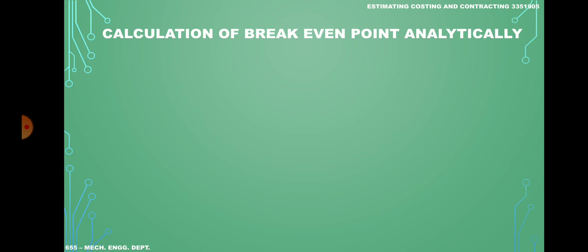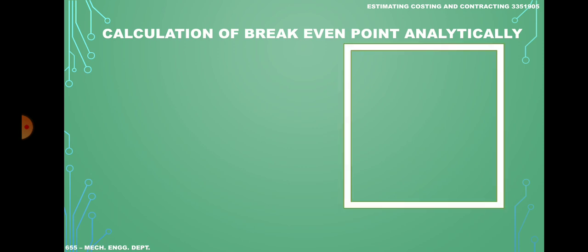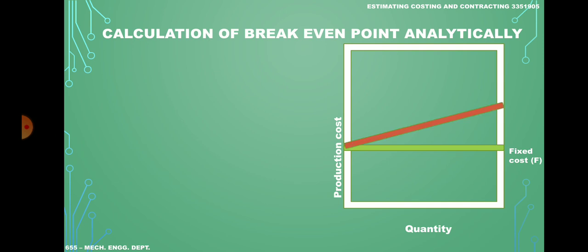First, we draw a figure in which the x-axis represents quantity and the y-axis represents production cost. A line parallel to the x-axis represents fixed cost, and from a fixed point, a line inclined to the x-axis represents variable cost, and a line passing through the origin to the end represents the sales income line.